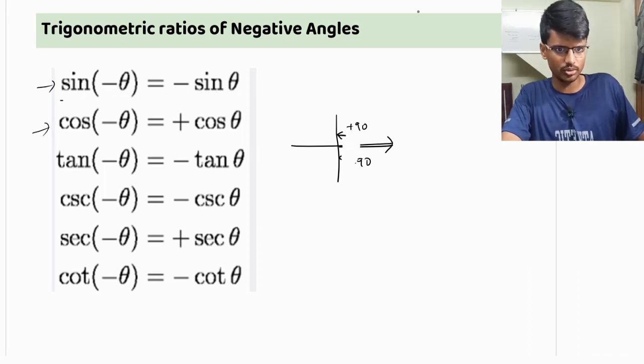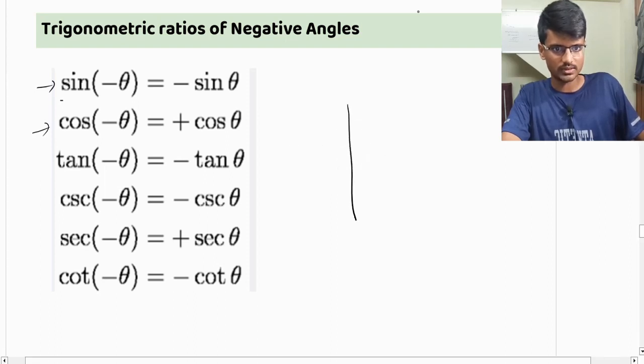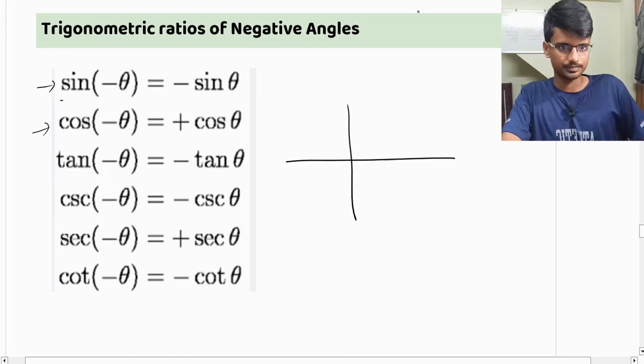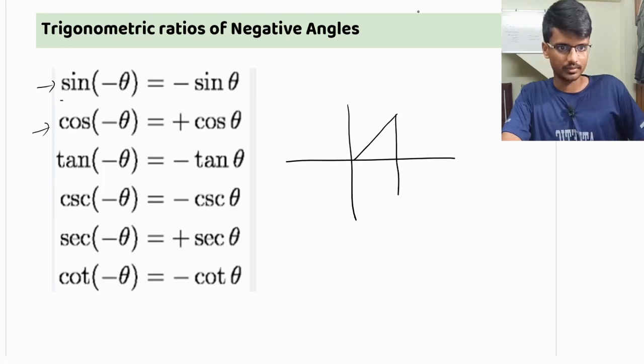I'll just show you with an example here quickly, how this works. Say I have a triangle here. I'll take two triangles. Okay, this is theta, this is minus theta. Okay, so if I define cos theta, sorry, cos theta will be x by r.